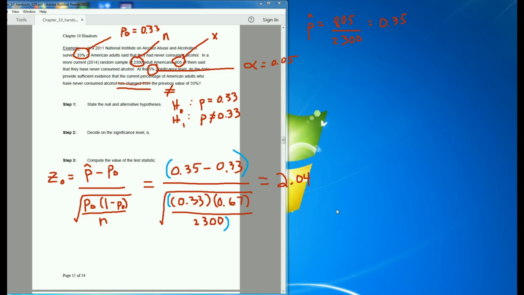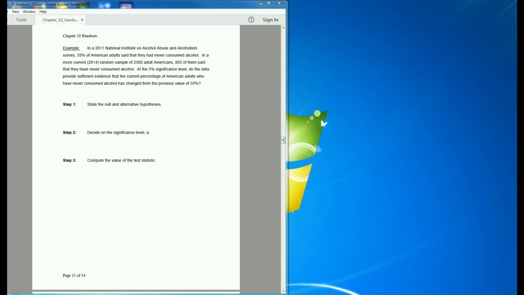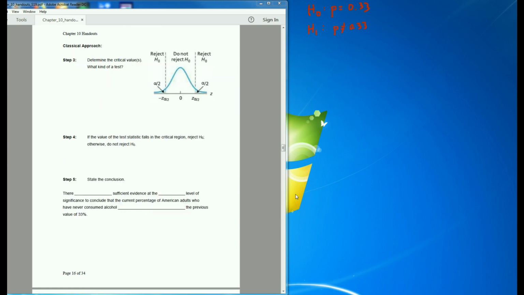I'm going to erase and scooch to the next page. On to the next page. I just recopied the null and alternative hypotheses up here so we could refer to them. We are dealing with the classical approach, so we need to determine the critical value or values, and the first thing to do that is to determine what kind of a test it is.